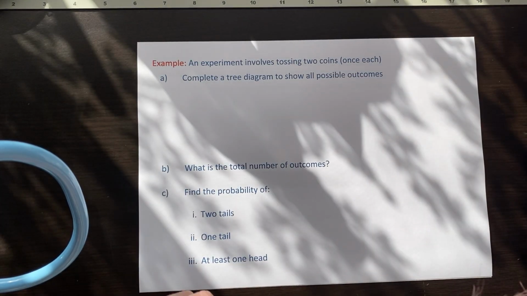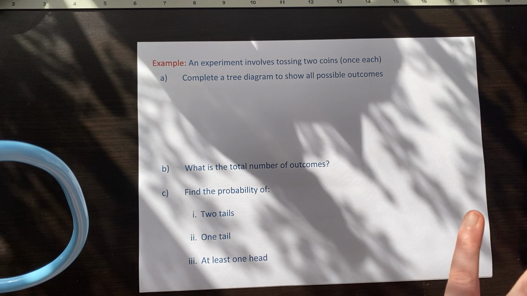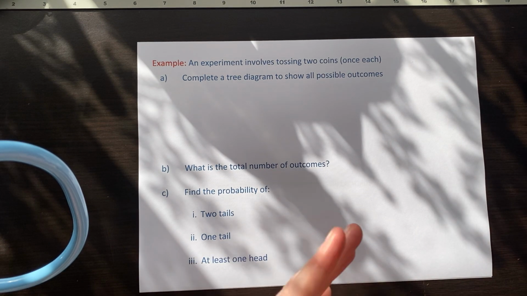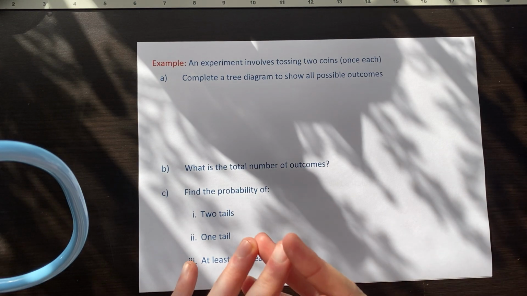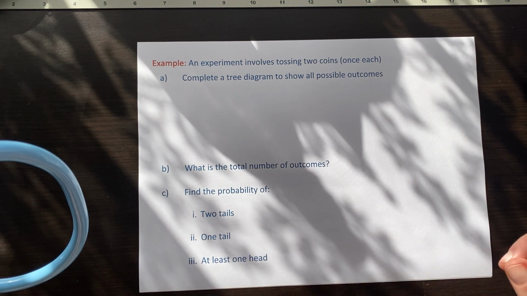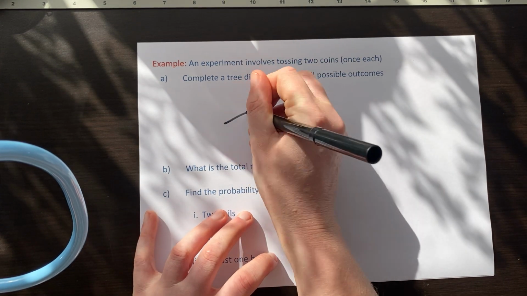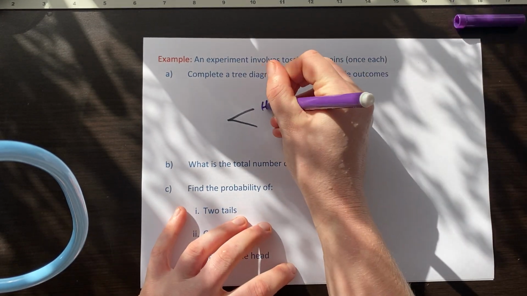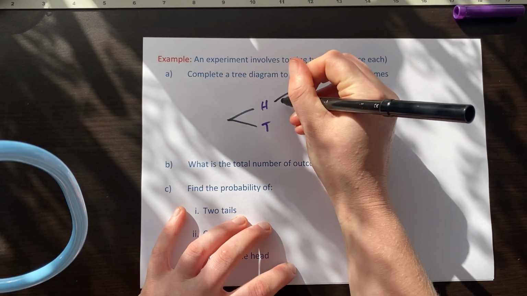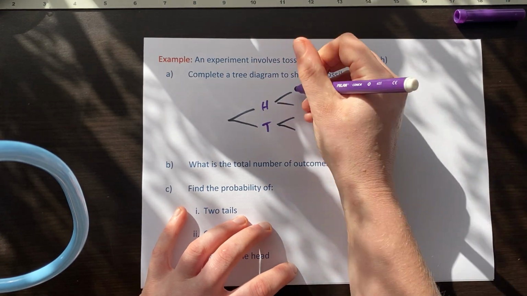Okay, so let's do an example. We'll do 2 examples, one with replacement and one without. The experiment involves tossing 2 coins once each. Complete a tree diagram to show all the possible outcomes. So once again you have your heads and your tails, and then heads and tails.